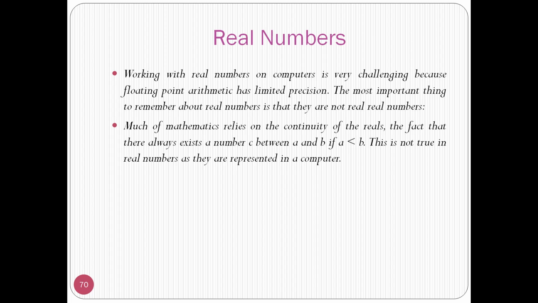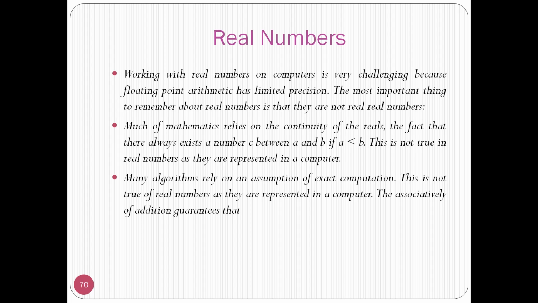This is not true in real numbers as they are represented in a computer. If you consider the computer representation of real numbers, there will not be true real numbers while representing the comparison A less than B. Many algorithms rely on the assumption of exact computation.